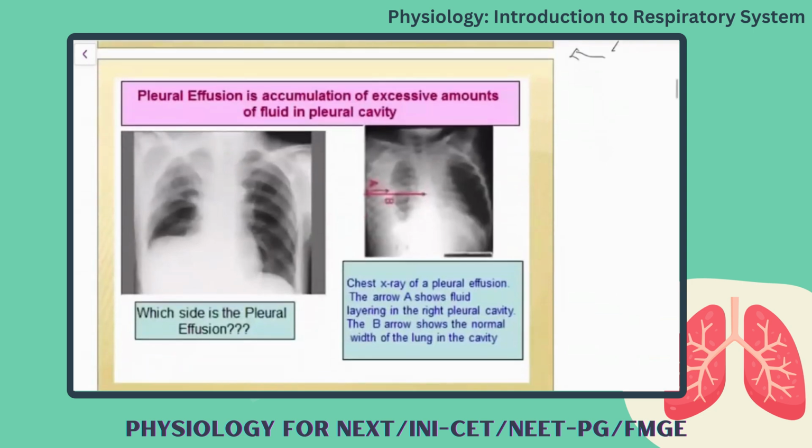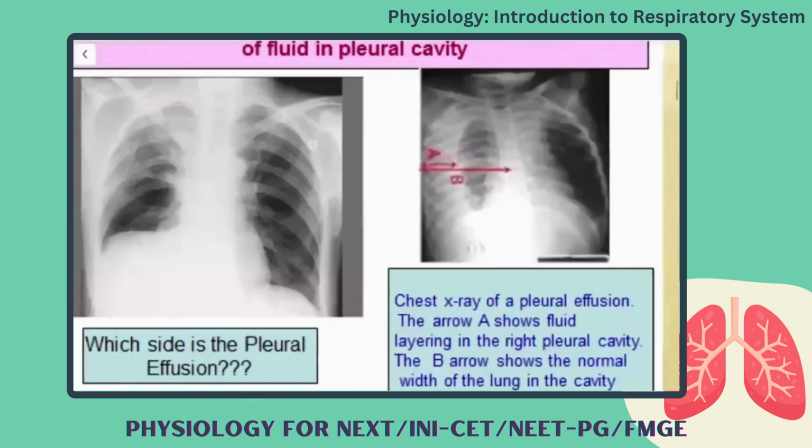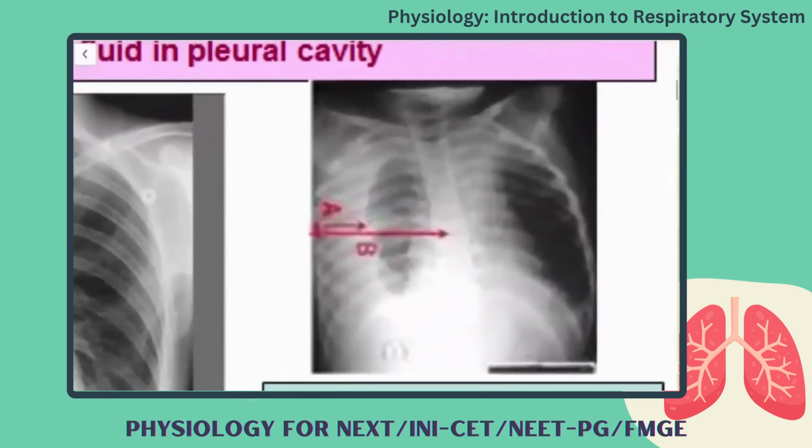See, this is one of the radiographic images which gives you the description of pleural effusion. See this picture. This is the structure of the lungs. Here, this entire part is pleura, which is filled with excessive amount of fluid. So what it is doing, it is totally collapsing.